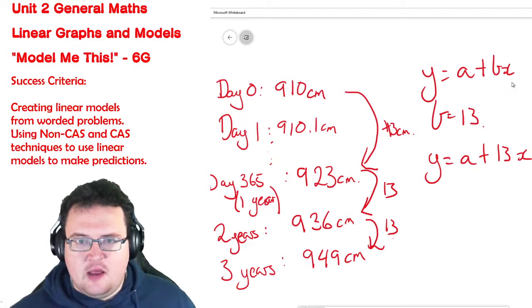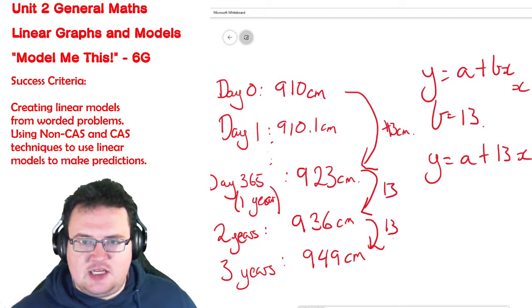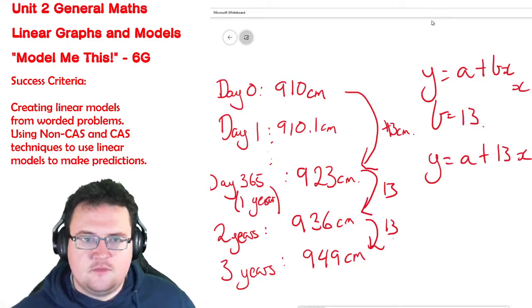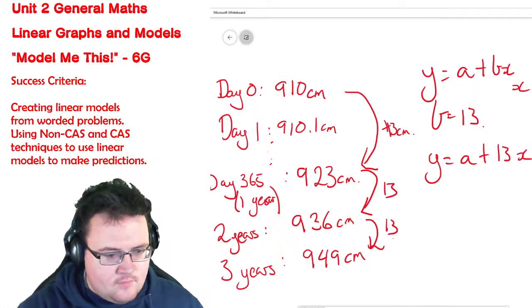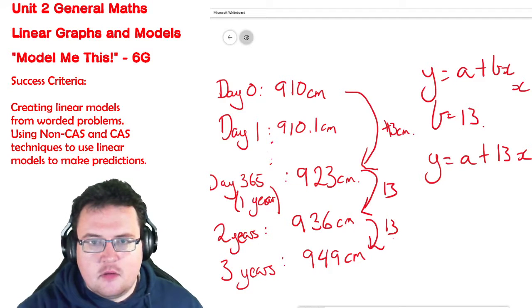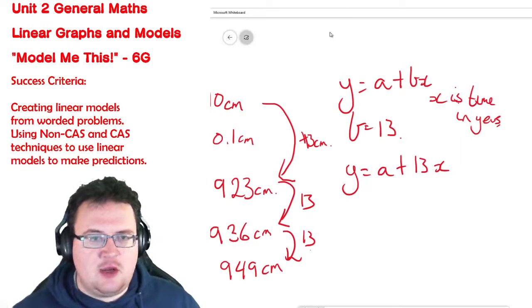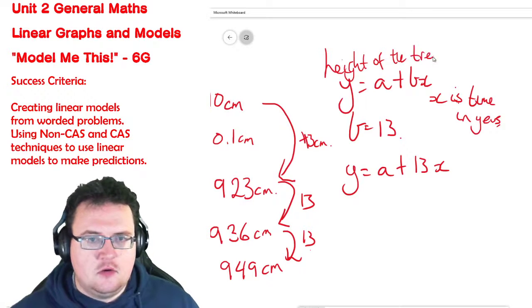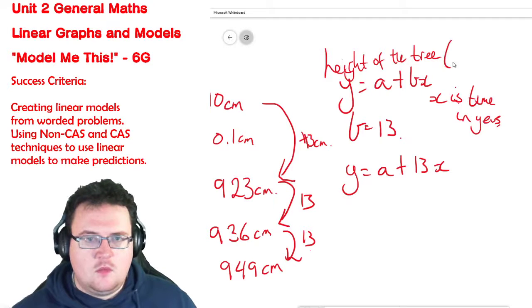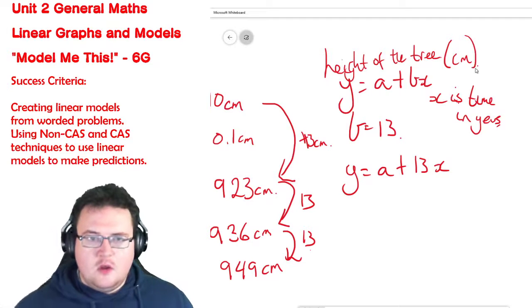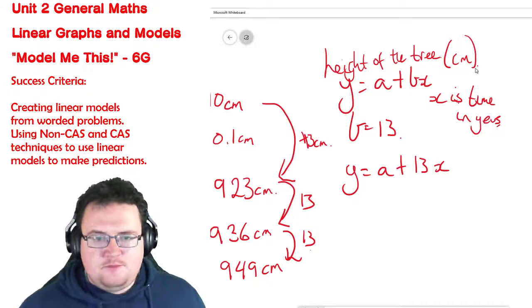And by the way, x is time in years. X is time in years and Y is the height of the tree in centimeters.